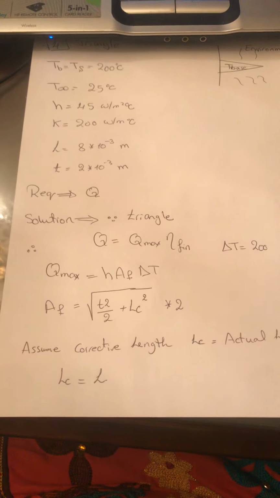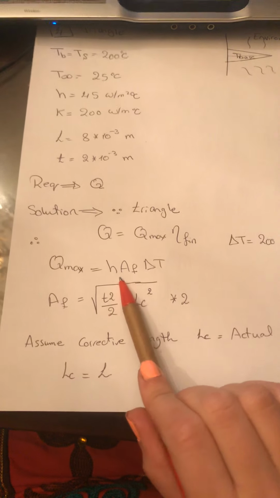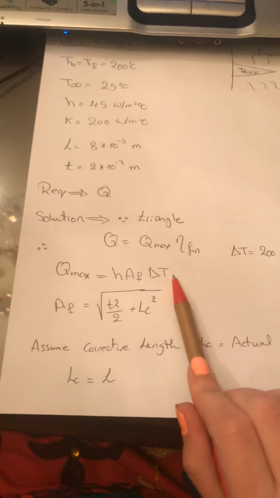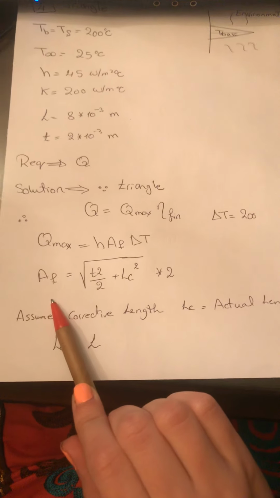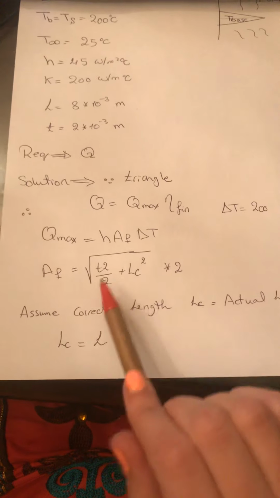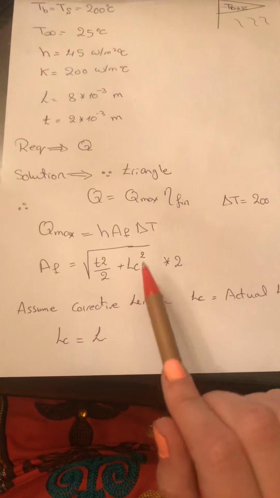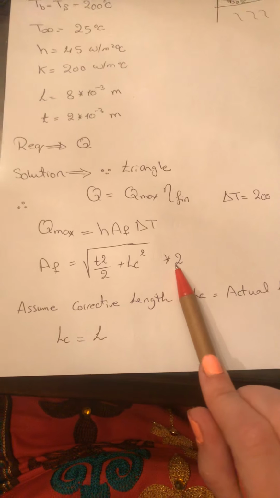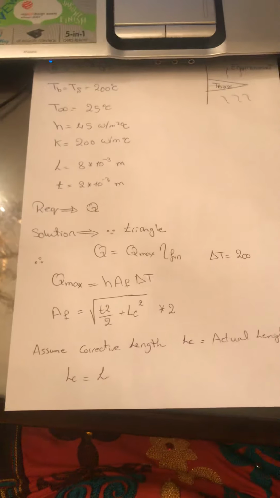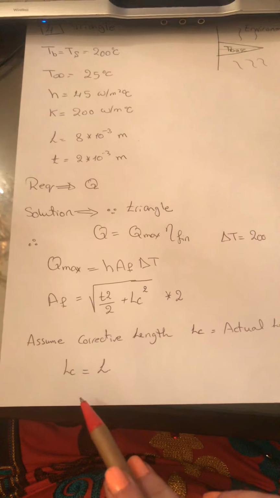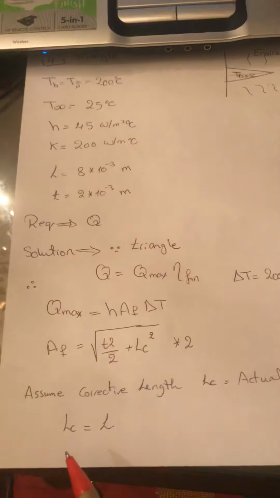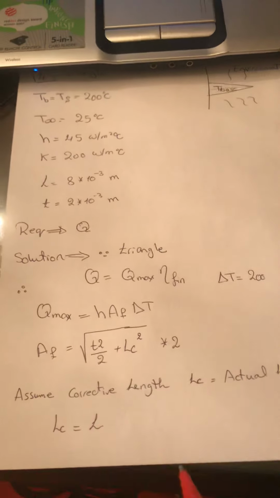We have to calculate the Q max first: the area of the fin multiplied by h times delta T. The area of the fin is root of T squared over 2 plus LC squared, all multiplied by 2. In this case, we make the assumption that LC, the corrected length, equals the actual length.